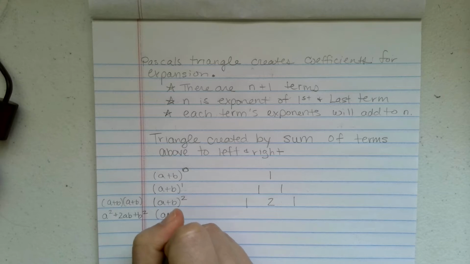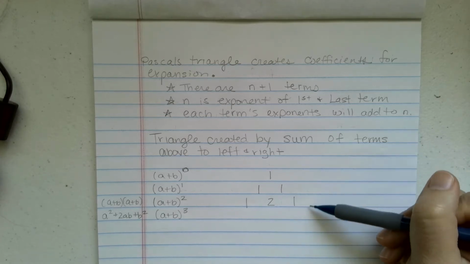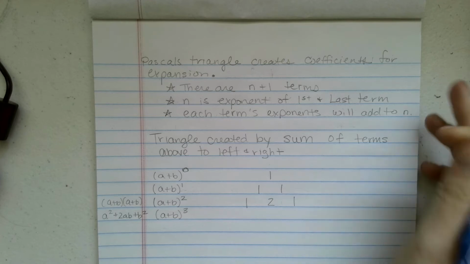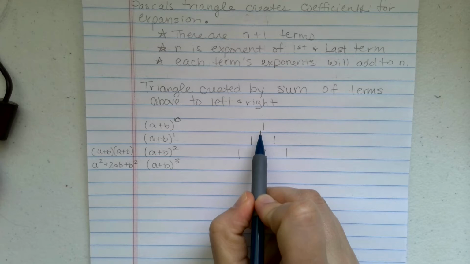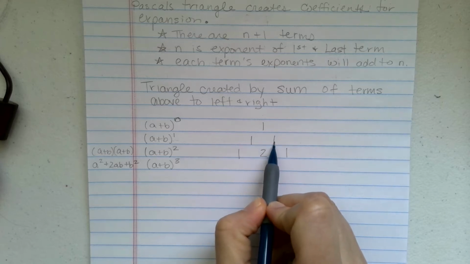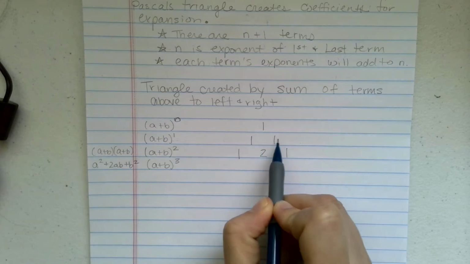If you then took a plus b and you cube it, you add another term there, they found out that we can get these coefficients by expanding this triangle down. And all you do is you take two terms above, like if this was our belly button, number 2, then we take our left shoulder and our right shoulder and we add them together.